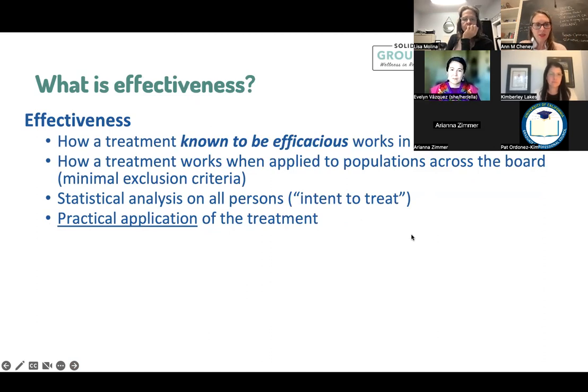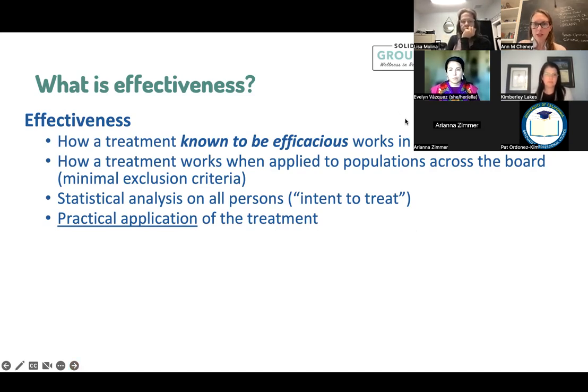And what is effectiveness? So thinking about how a treatment that is known to be efficacious works in the real world, something that Dr. Lakes just mentioned. So how does a treatment work when applied to populations across the board, where you have minimal exclusion criteria? And when you think about statistical analysis on all participants, with the idea of intent to treat, what's the practical application of the treatment within clinical settings?